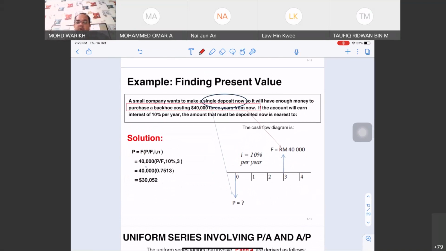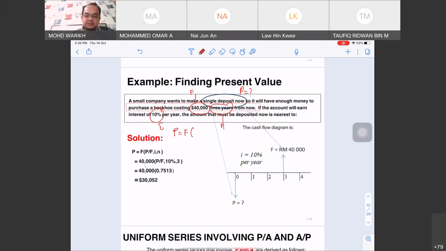If the account will earn interest of 10% per year, the amount that must be deposited now is nearest to. So that means we have to find P, right? This one is F, and this one, 3 years from now, is N. This one is I. So you know that you have to find P.